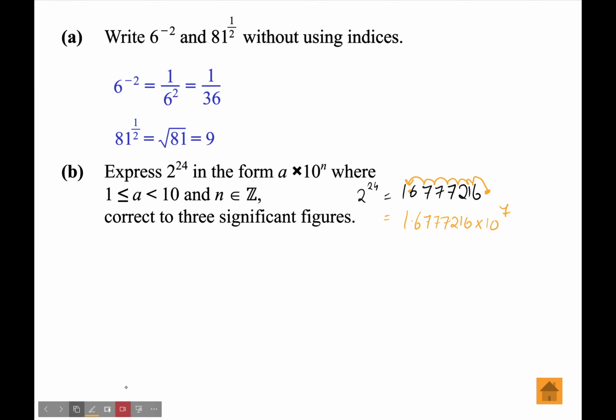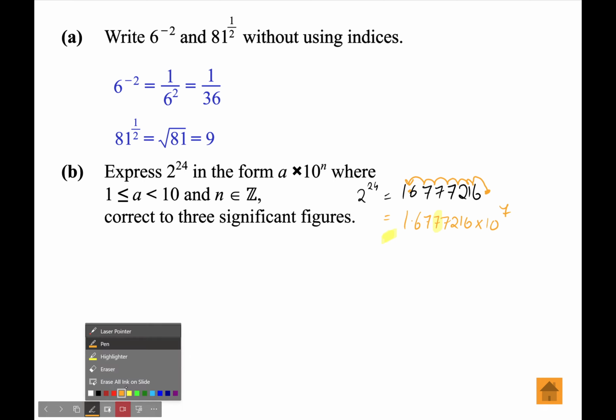I then want to correct to 3 significant figures. So what do I do? I look at the fourth significant figure, and remember the fourth significant figure is the 7. Okay, and why is that? Because the number to the left, the 1 here, is also significant, so that makes it different from the decimal places.